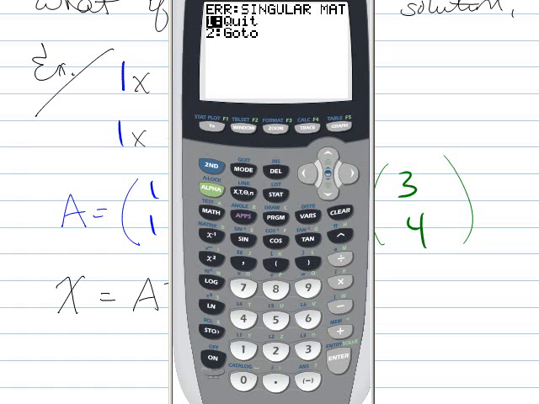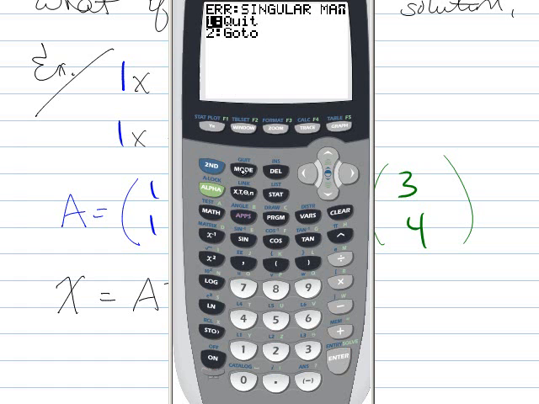Ooh, it says I have a singular matrix. What does that mean? This is very mysterious. Alright, so what if I just say, okay, well, what is A inverse? Look, it doesn't like it. It means I don't have an inverse.